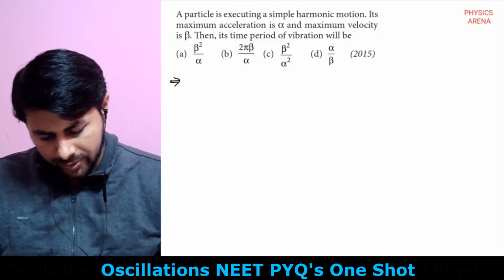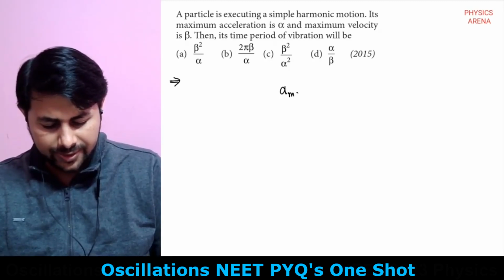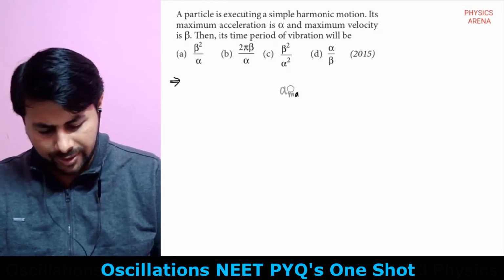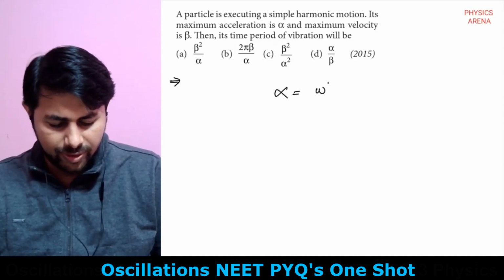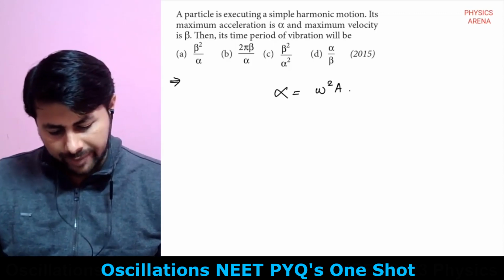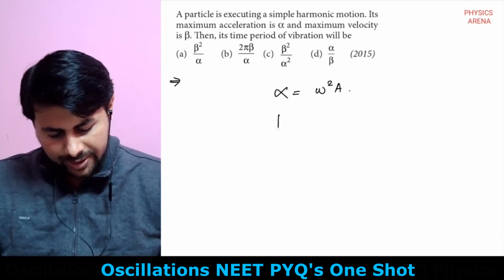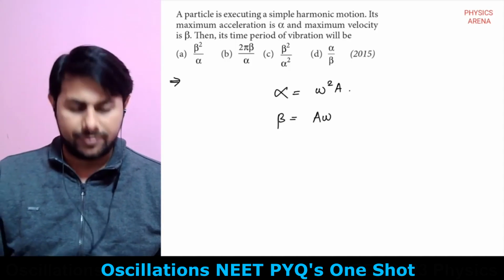Okay. So maximum acceleration A max is alpha. How much is maximum acceleration? It will be omega square A, right? And maximum velocity is beta. That means beta is equal to A multiplied by omega.